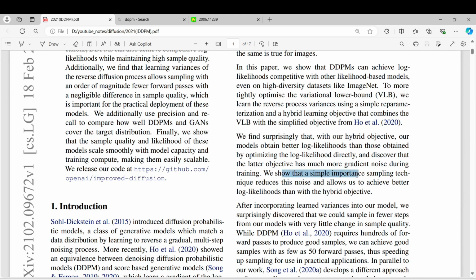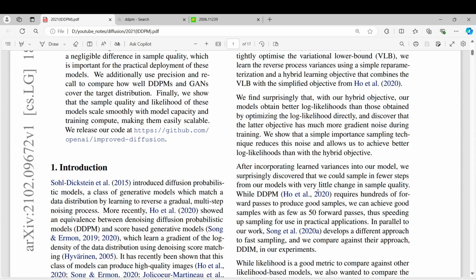And we show that simple importance sampling techniques reduce the noise and allow us to achieve better log likelihood with the hybrid objective. So they are saying that the latter objective, the VLB objective, has much more gradient noise, which is not good for the training, and they use something called importance sampling to reduce it.